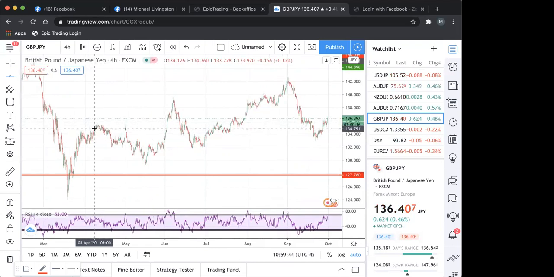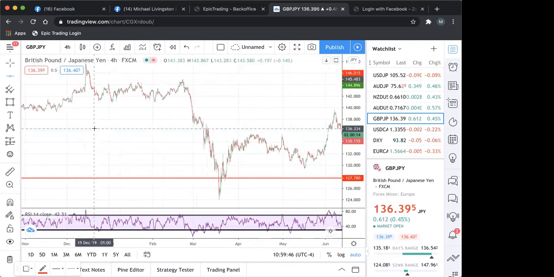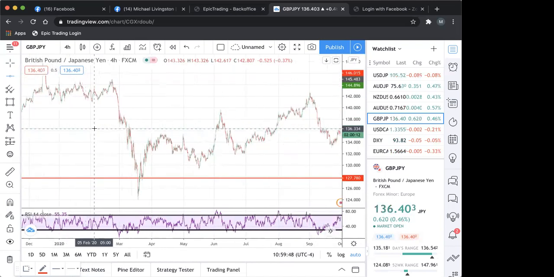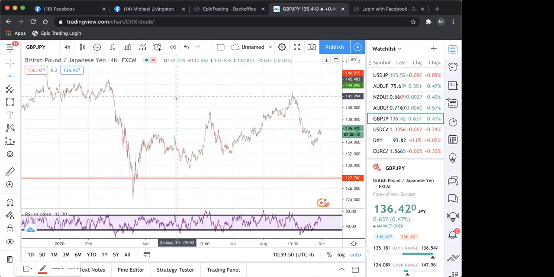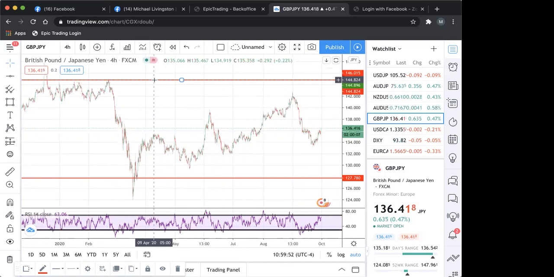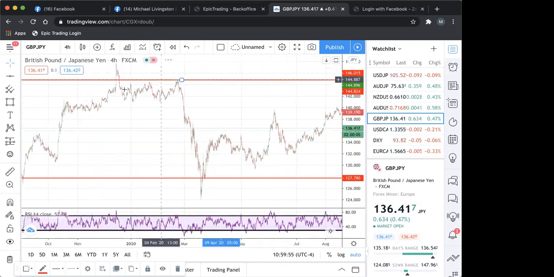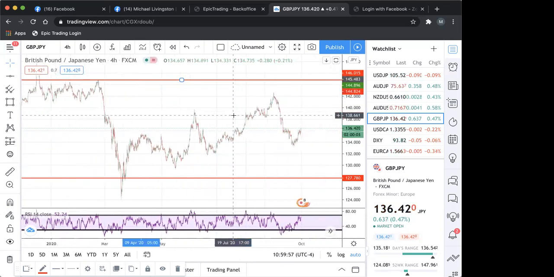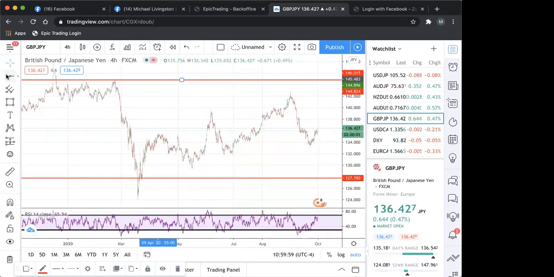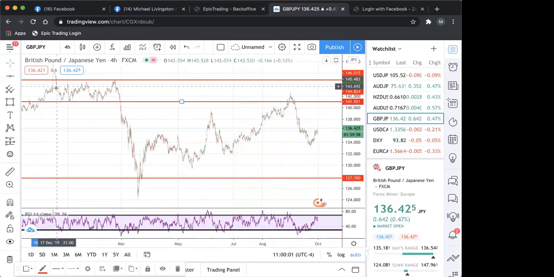Honestly, what I see here, let me zoom it all the way back out, is heavy support right up here. Price is having a hard time breaking up here. But I also see that this is heavy support and resistance too. You see how price was stuck in between that area?